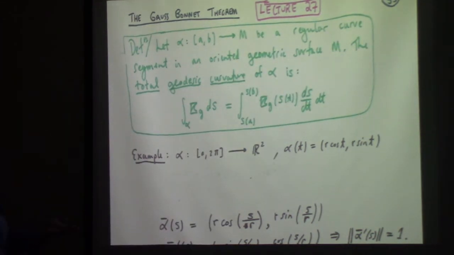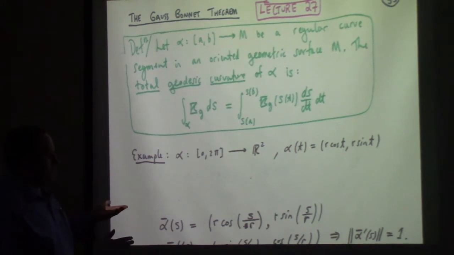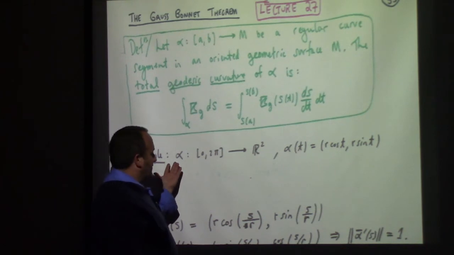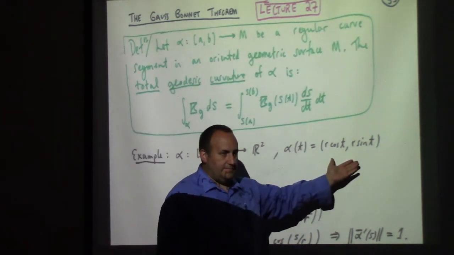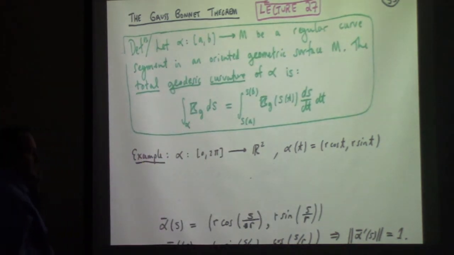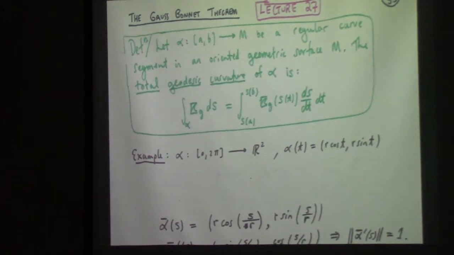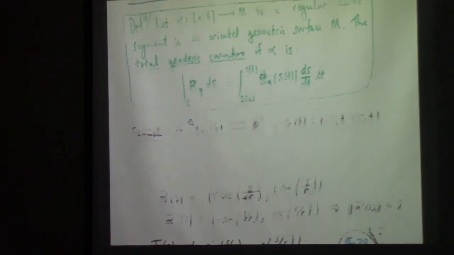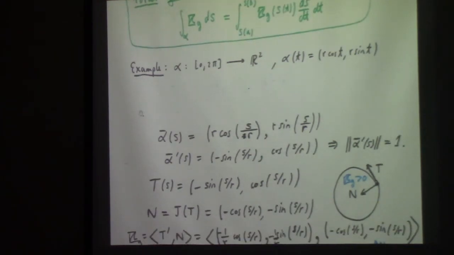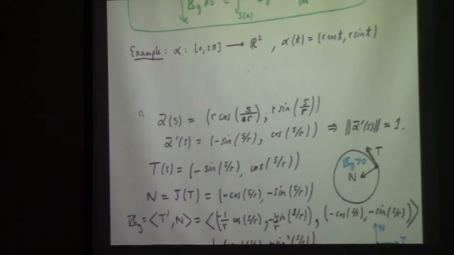I do have an example here. A rather unimaginative example. Here we have a circle of radius r. We're going to calculate the total geodesic curvature of a circle of radius r in the plane. So number 1, I take the circle and parametrize it with respect to arc length.